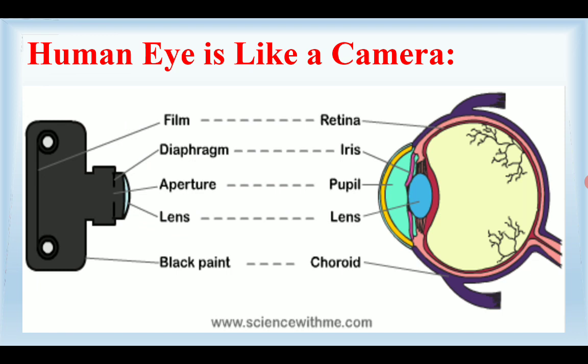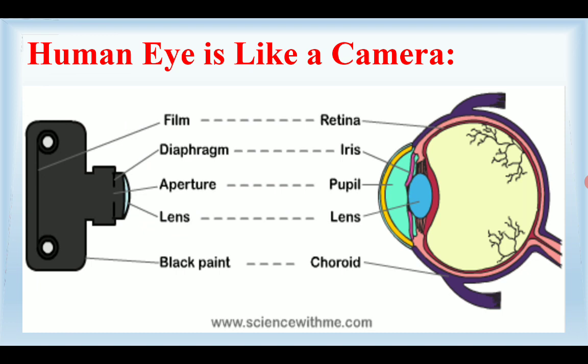Both the camera and the eye are having a convex lens through which the light enters, and the image is formed at the retina, or at the backside on the film that is inserted in the camera, and we are having black paint to protect that. We are having the choroid, that is the outer layer of the human eye.